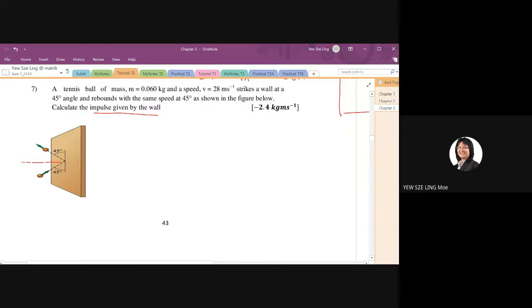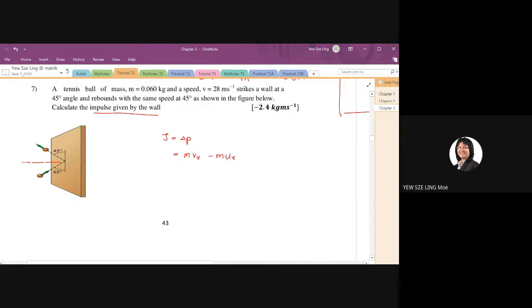Because when it hits the object, the effect from the wall is at 45 degrees. So what we need to calculate now is J equals change in momentum. Because we just want the x component, therefore J equals mvx minus mux.